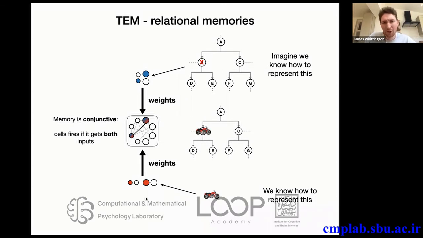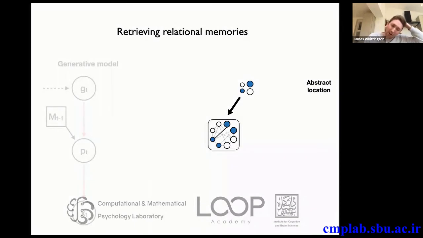Why might that help us? Because these attractor dynamics can allow completion of memories from partial inputs. The trick is now we can complete our relational memories from a partial input, where that partial input is just based on our belief in our abstract location alone.